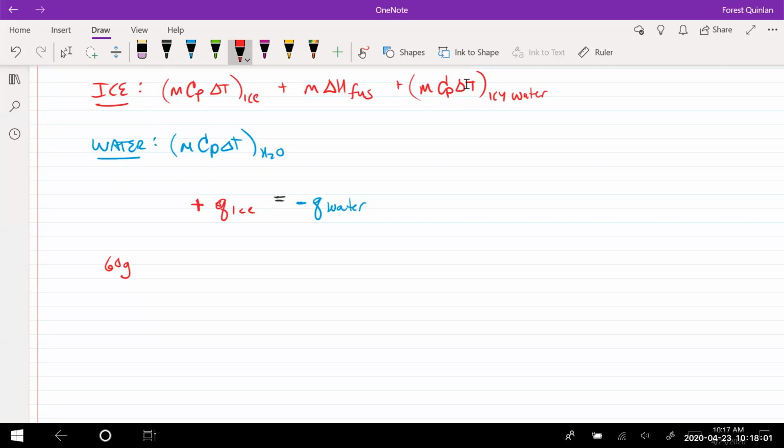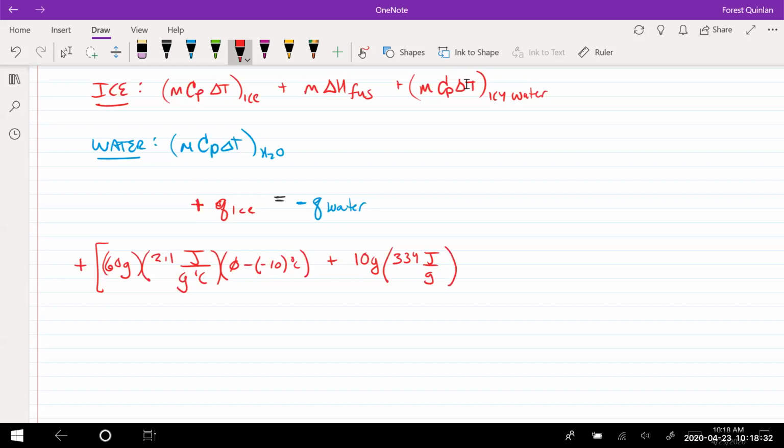We have 60 grams times the ice heat capacity, 2.1 joules per gram degrees Celsius, and its temperature difference, which ends at 0 and starts at -10. To that, we add the 60 grams of ice going through the delta H of fusion, which is 334 joules per gram.